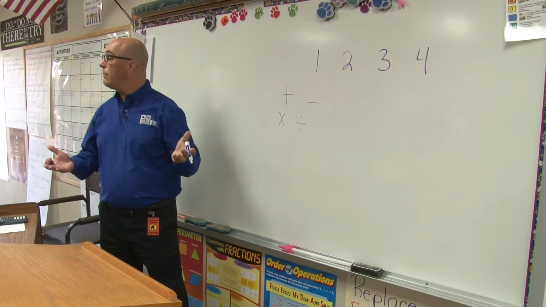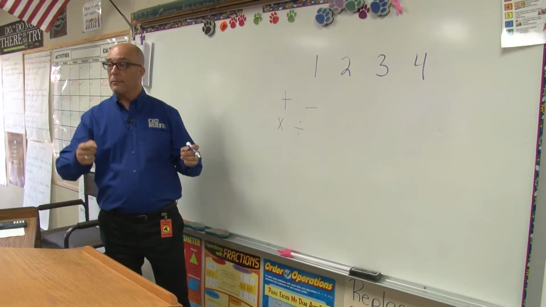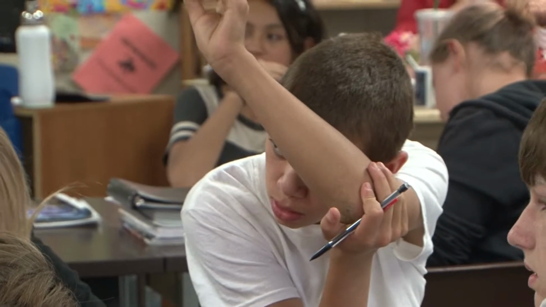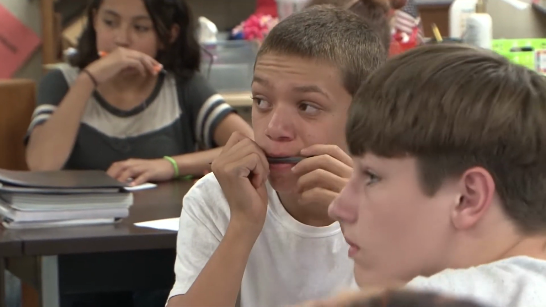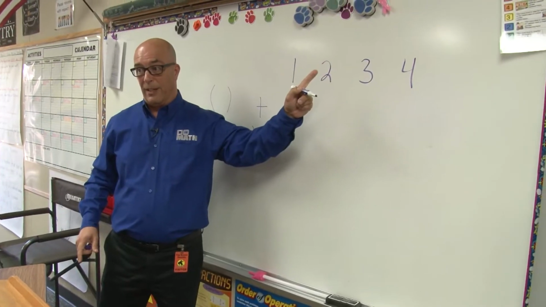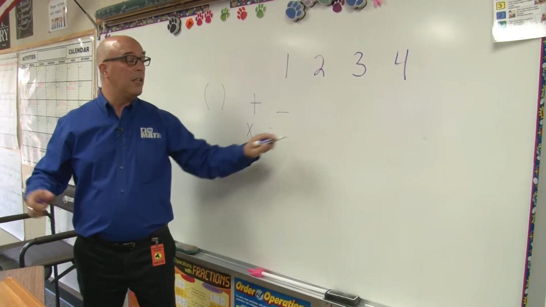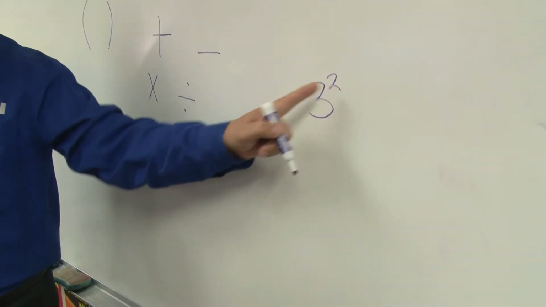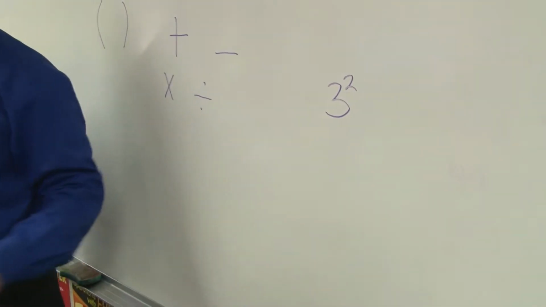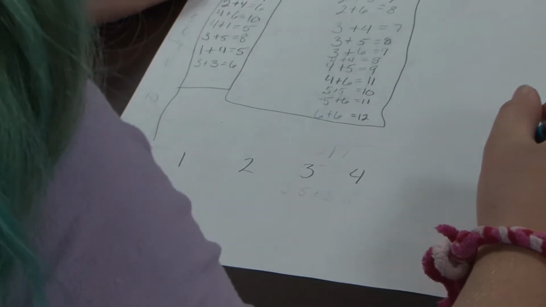What other ones could there be? You can use parentheses and exponents. You can use exponents as long as one of the exponents is a 1, 2, 3, or 4. Okay, so if I did 4 to the power, 3 to the second, that would use my 2 and 3. So you have to use a 1, a 2, a 3, and a 4.